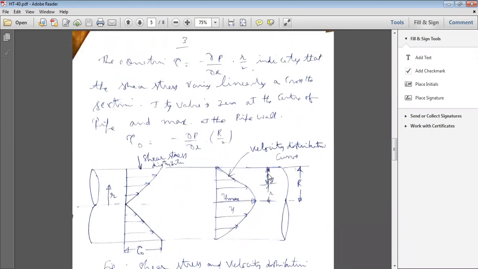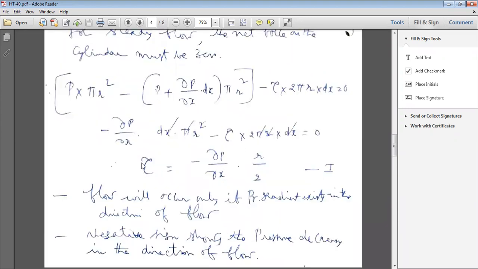What is the other equation for shear stress tau? Shear stress tau is equal to minus dou p by dou x into small r by 2.